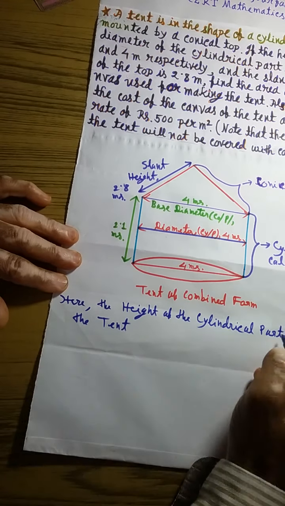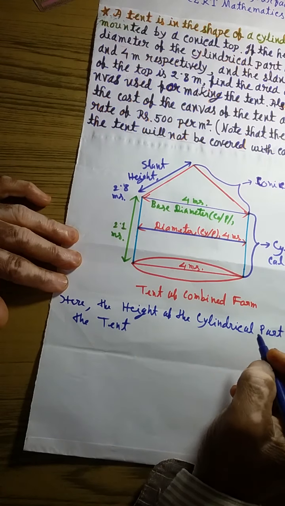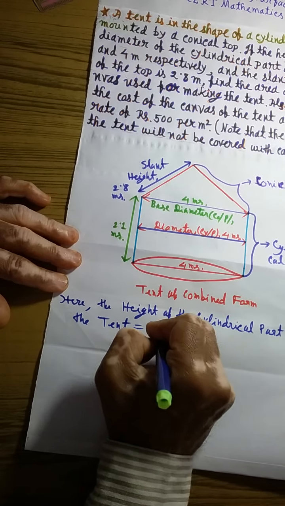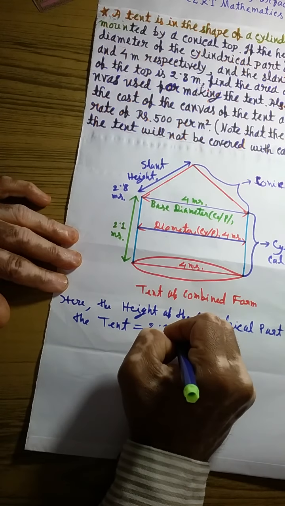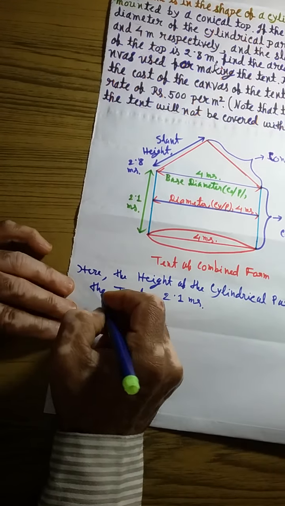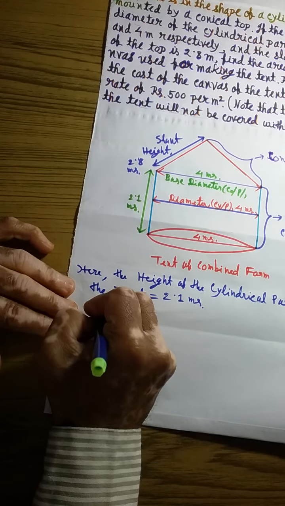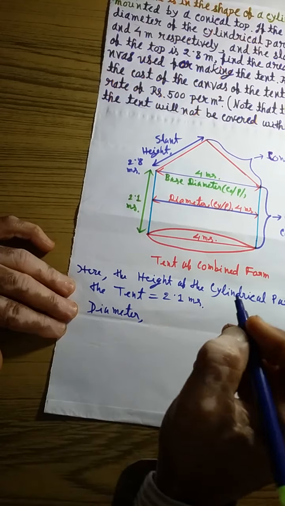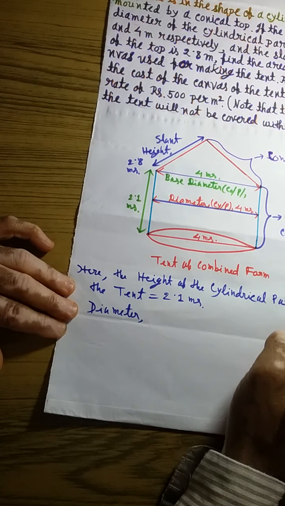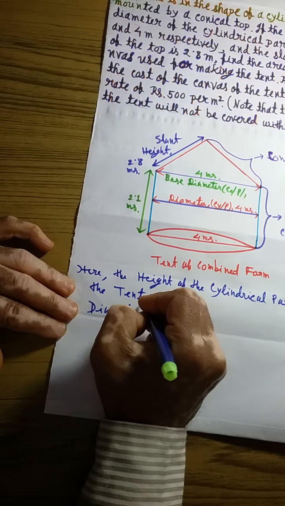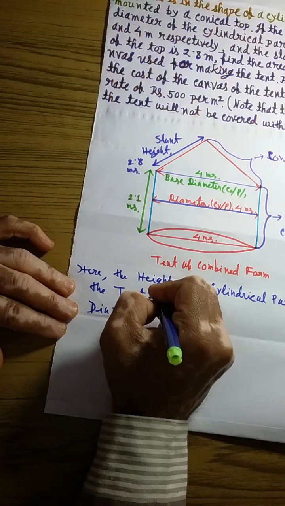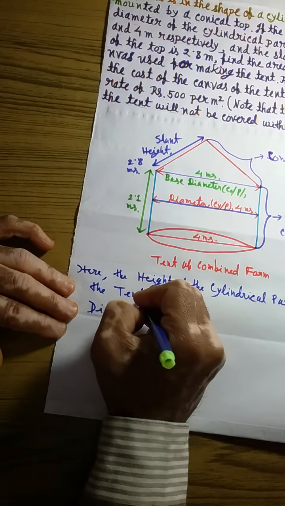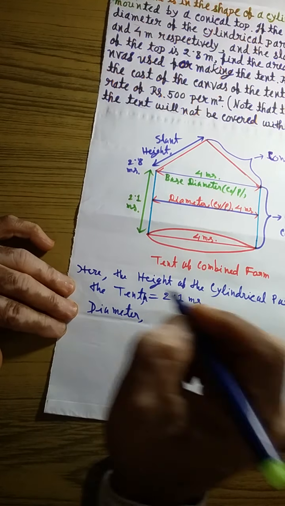The height of the cylindrical part, H, is equal to 2.1 meters.